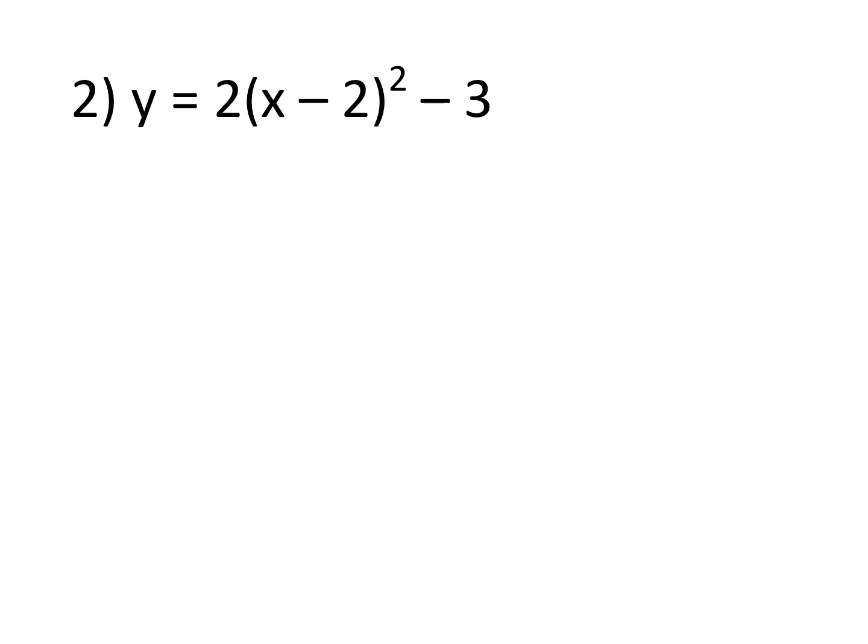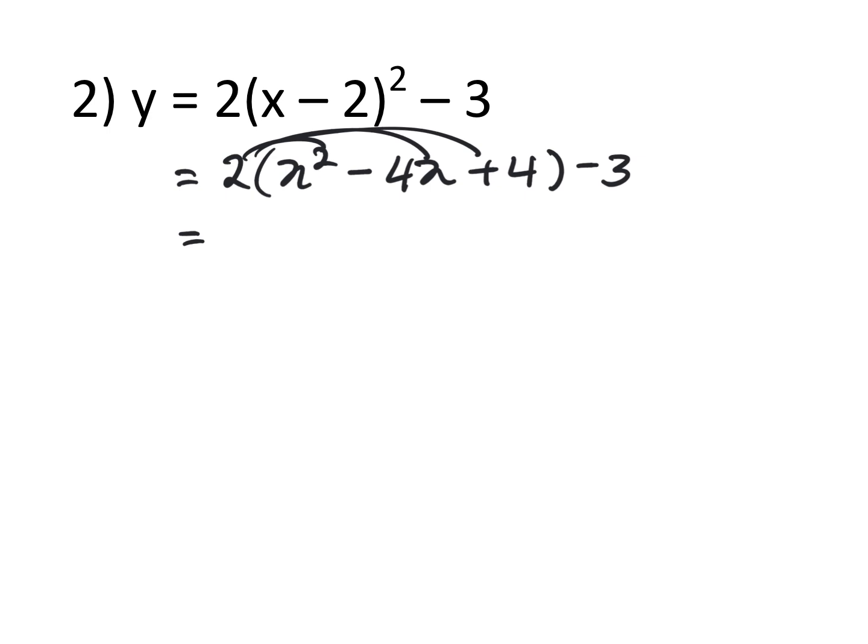Number 2, so let's proceed in here. So this is going to give you 2 times x squared minus 2x times 2 is going to be 4x, then plus 2, sorry, plus 4, then minus 3. So let's distribute the 2 to each term.